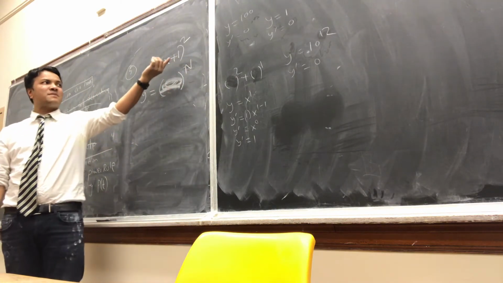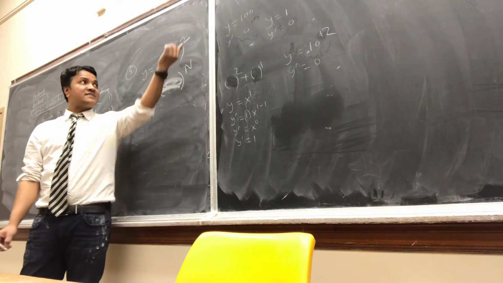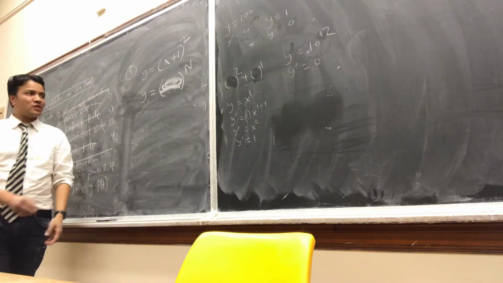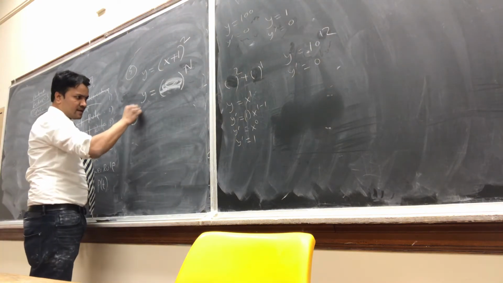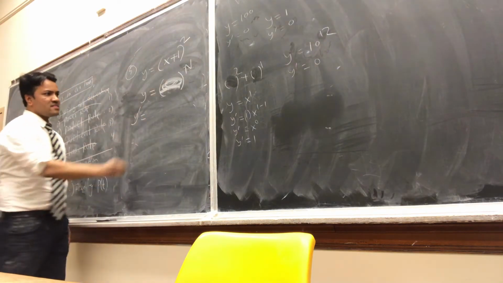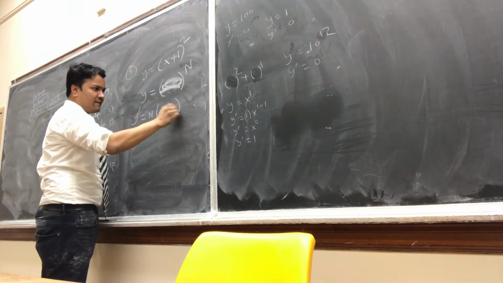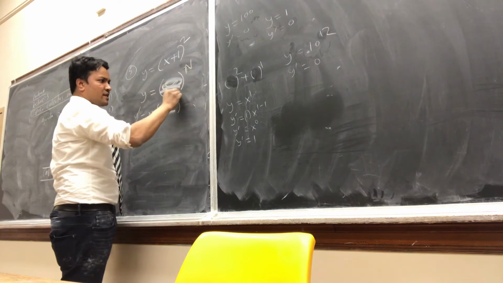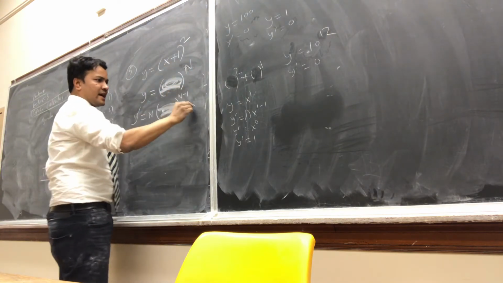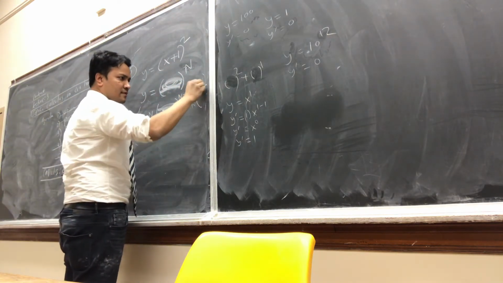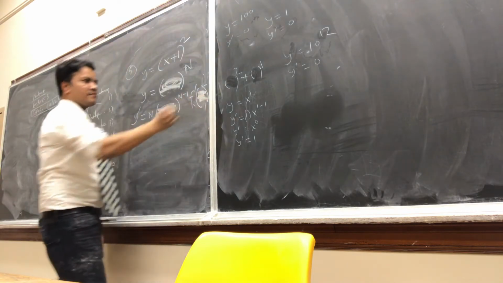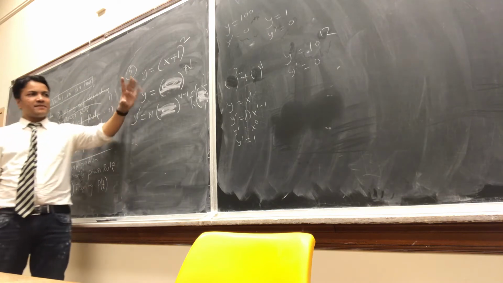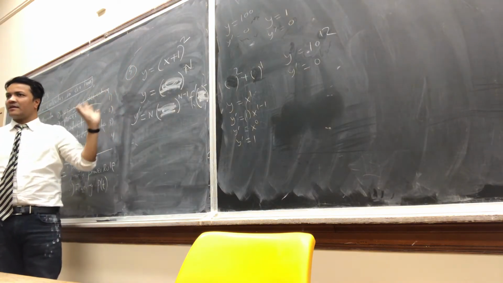It doesn't have to be x plus 1, and it doesn't have to be 2. So here is the formula. y prime is equal to n times the blob, whatever is inside, to the n minus 1, times f prime of that blob. Okay, this is the machine. Does that make sense, the machine? Okay, let's use the machine.